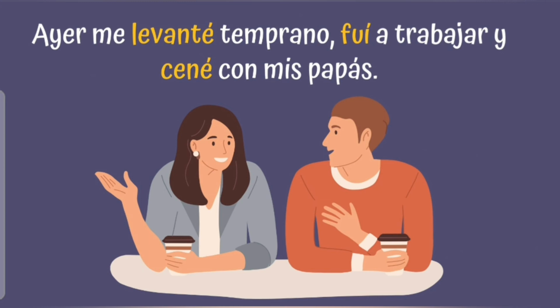in Spanish, you have to say, yesterday, ayer, I woke up early, me levanté temprano. Okay, this verb is in indefinite past, levanté temprano. I went to work, fui a trabajar.